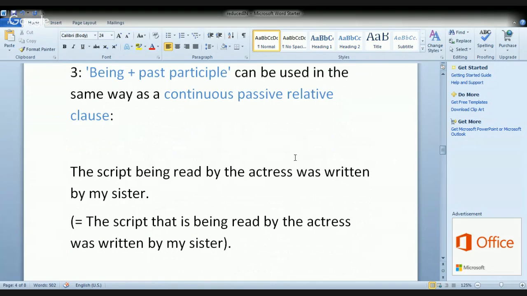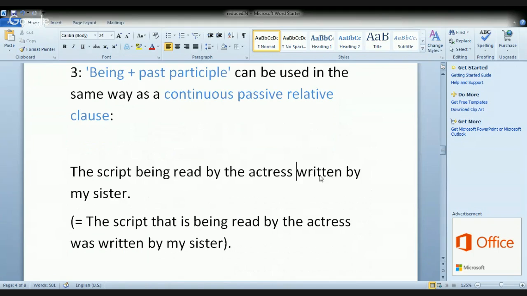Okay, so there's 2 passives in here, and we're just substituting. This one is being read. All right, so we're taking out that is. So the script being read by the actress was written by my sister. Now, if we wanted to, I'm trying to think in what kind of questions people would have, and I would say the script being read by the actress, written by my sister, and so we can take out was here.